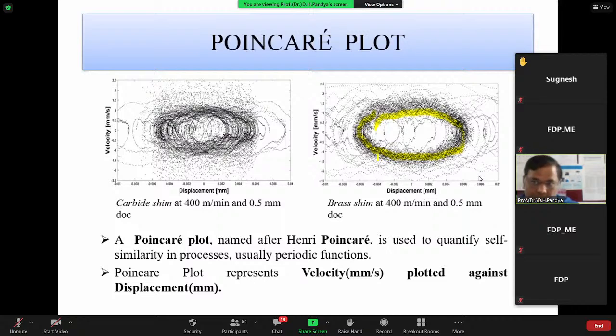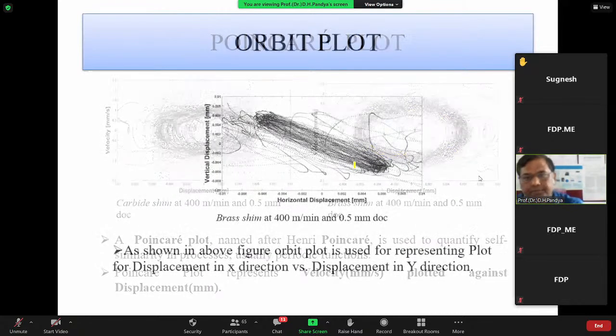This is the important point I would like to highlight. The designer has to design by considering the damping ratio, and the operator, the manufacturer, has to keep in mind the stability lobe diagram to set the cutting parameters. So the study of dynamics is significantly important for both designer and manufacturer.